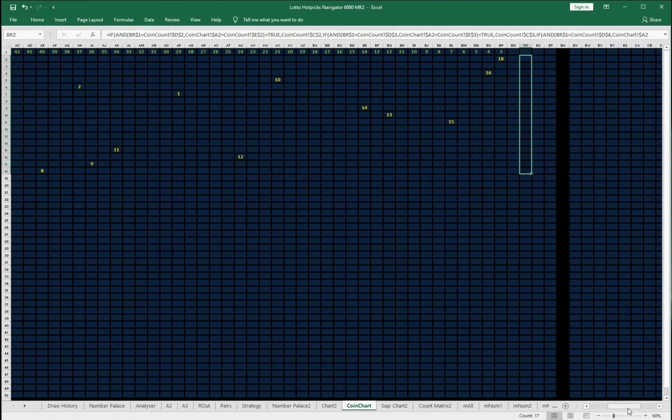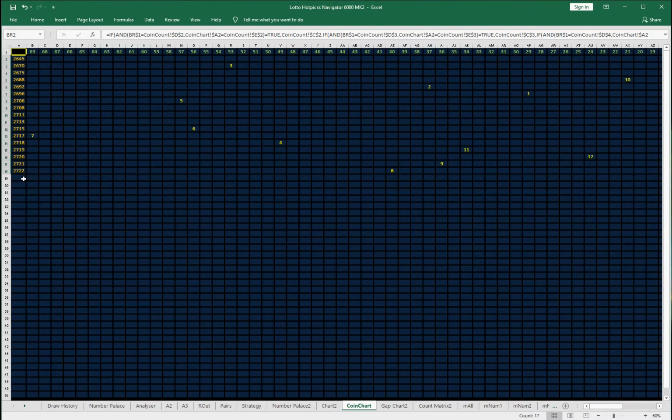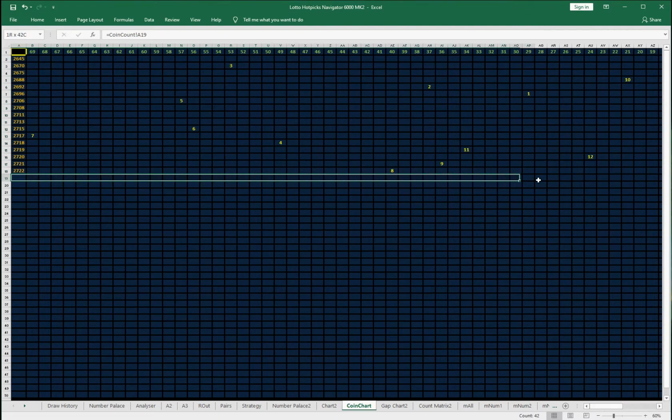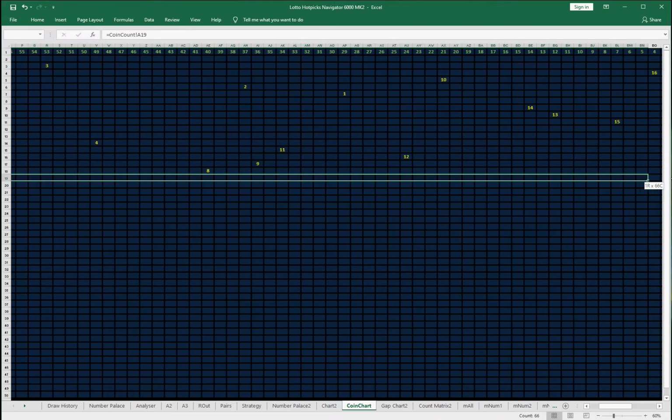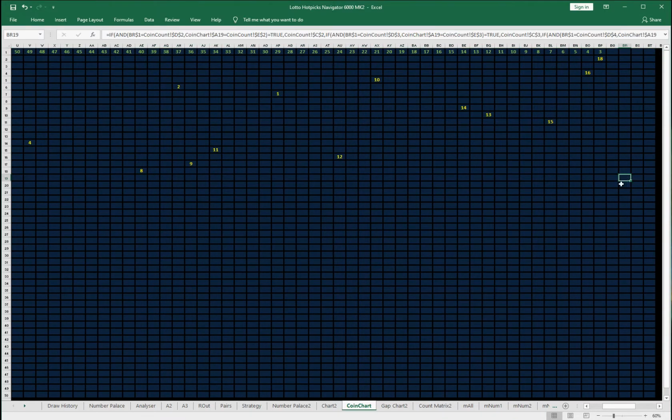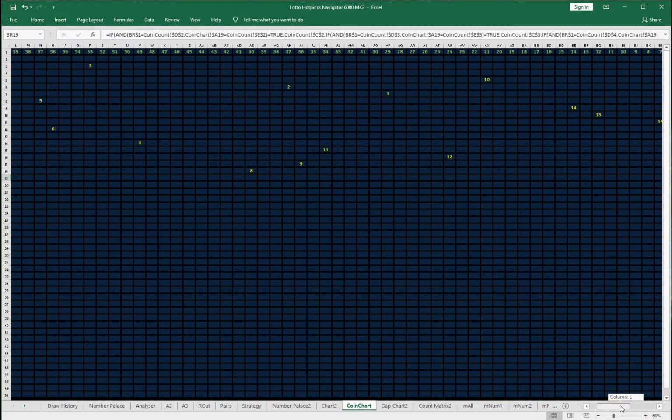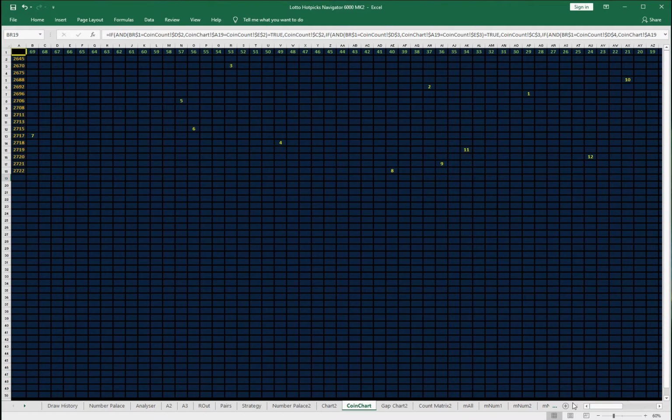So in that column, the next draw will be 2723. And if there were 17 coincidences in the next draw, the chart would expand so that the frequency goes down to 1, and a 17 would appear in that cell there, instead of moving from somewhere else, because it's the first time it's appeared.